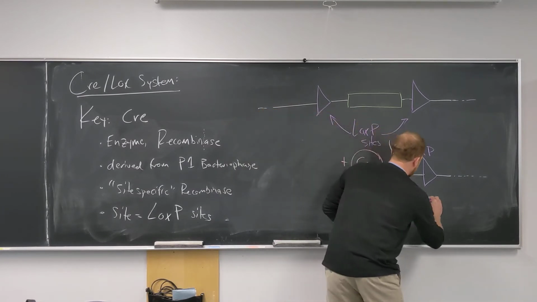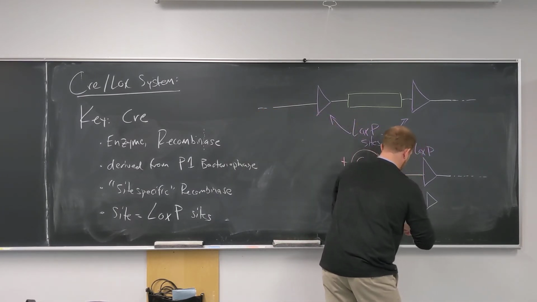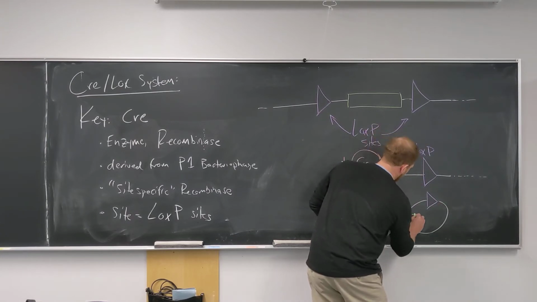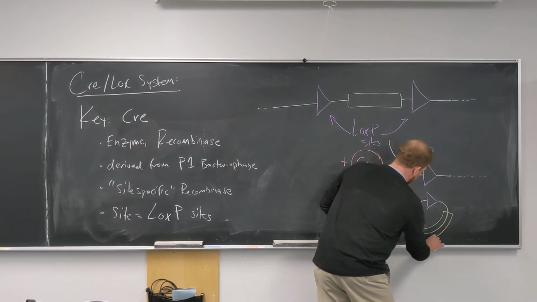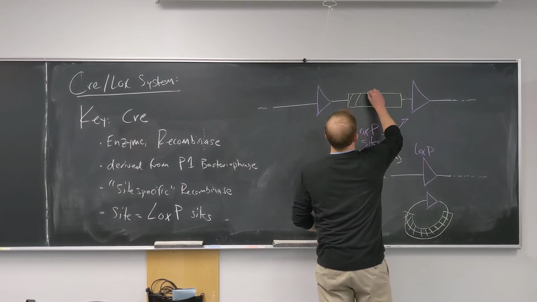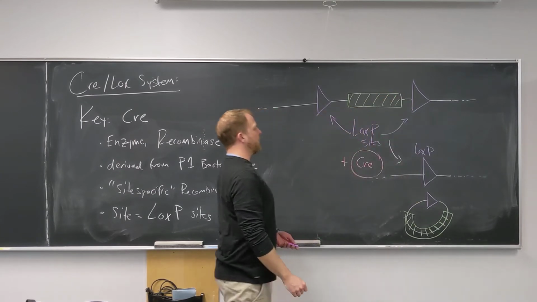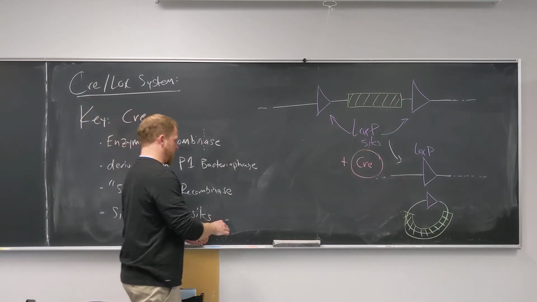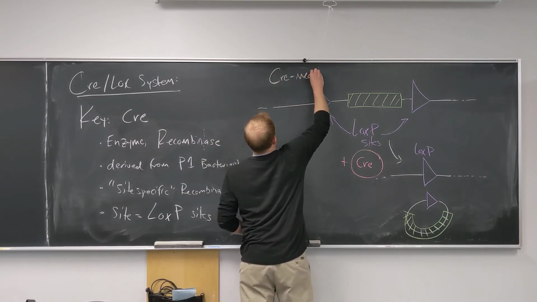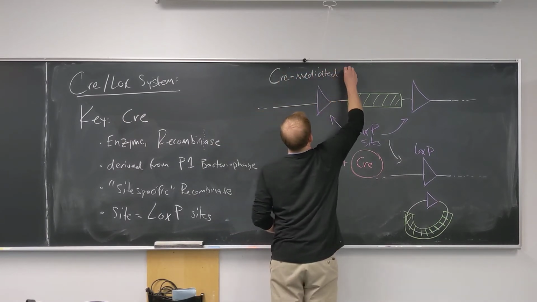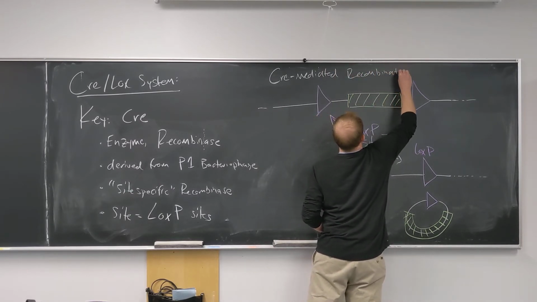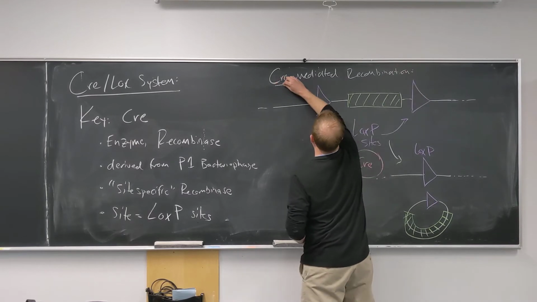So there's going to be a single loxP site in that loop, and the stuff that was in the middle of it is eliminated. So this is Cre-Lox mediated recombination, or Cre mediated recombination.